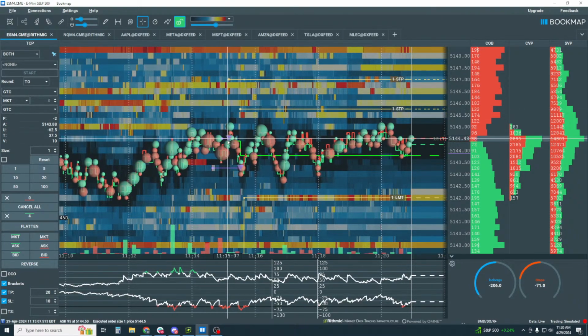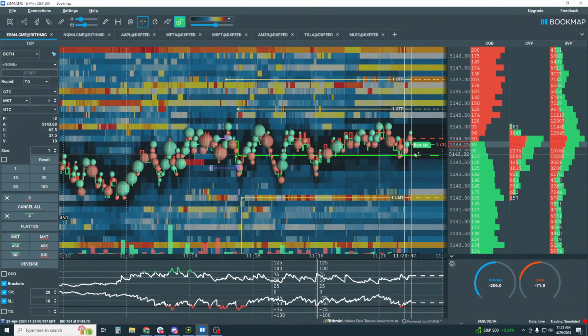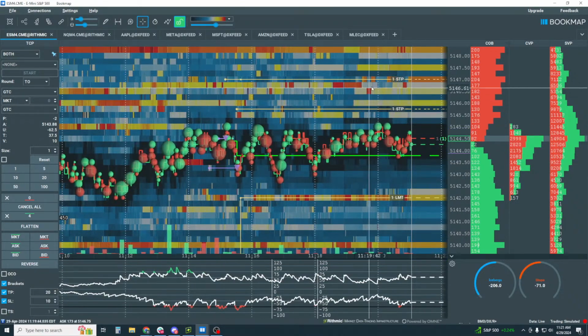But the reason that we did this was to show how to average cost it in here within a range.